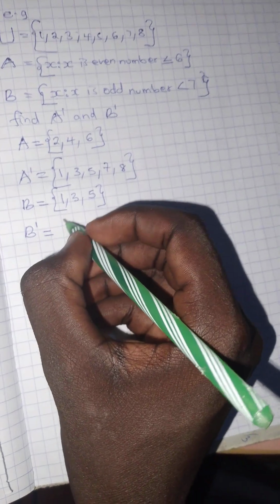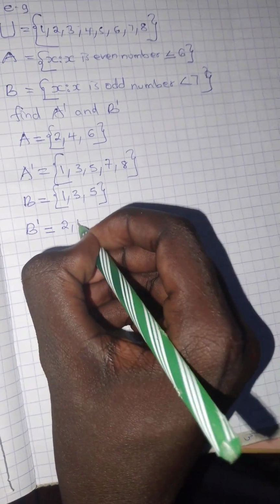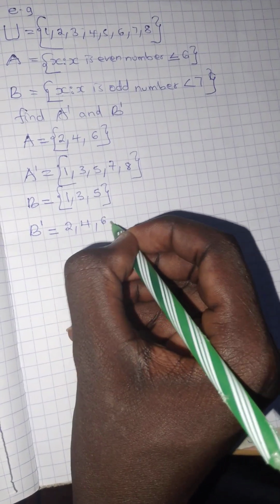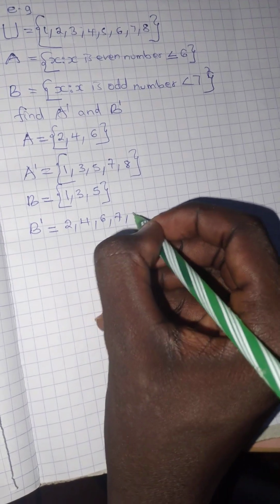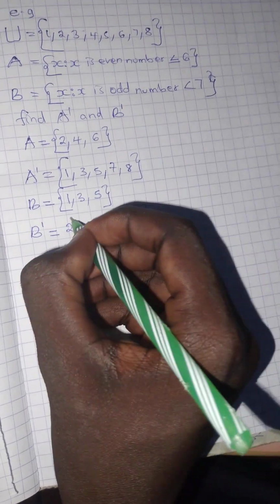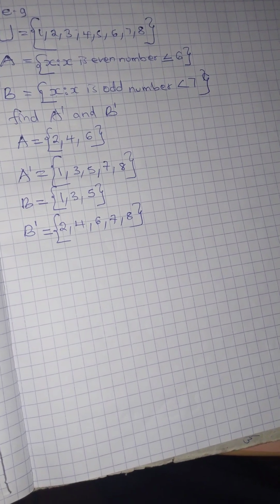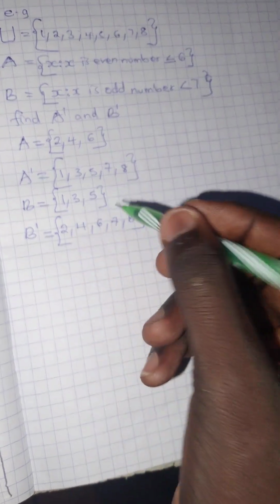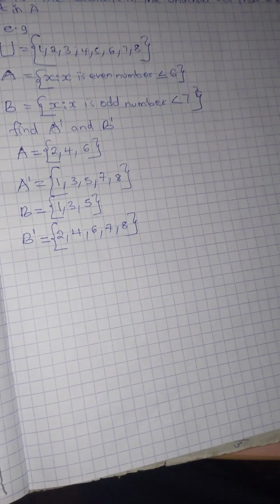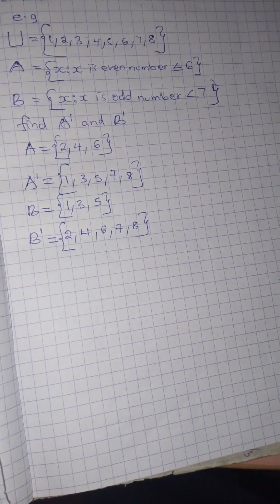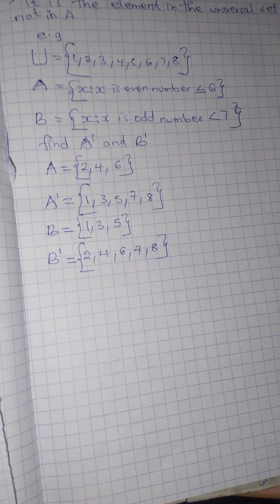We will write 2, 4, 6, 7 and 8. These are the elements that are not in the set B, but they are in the universal set, and that's how it's being done.